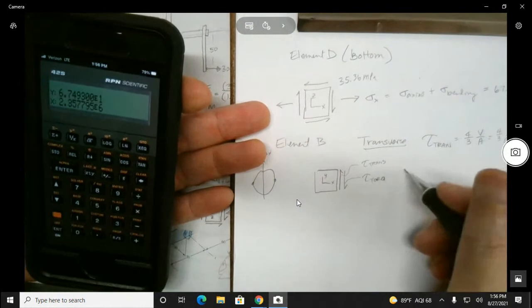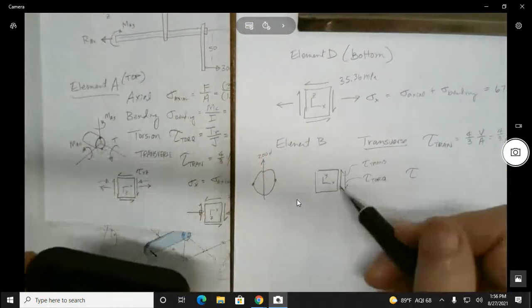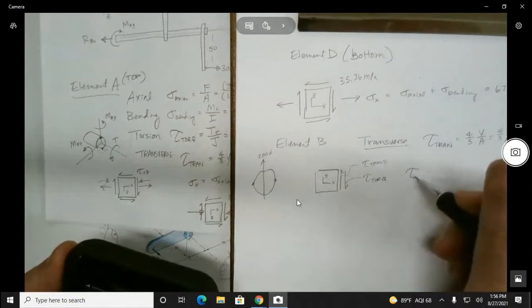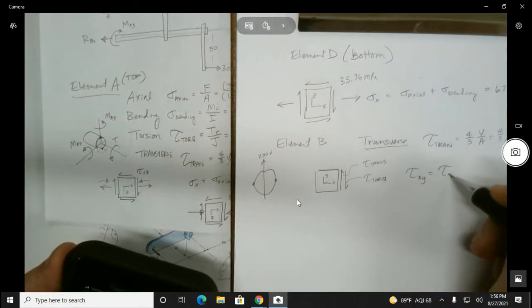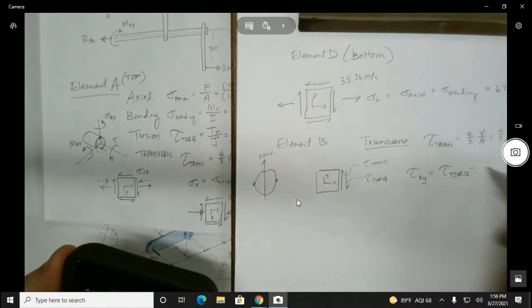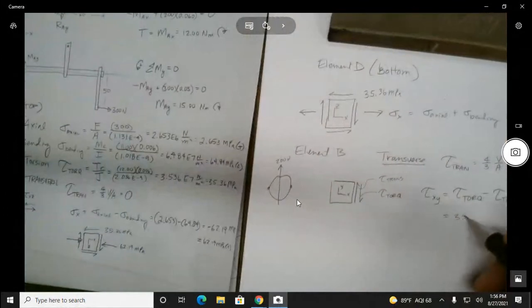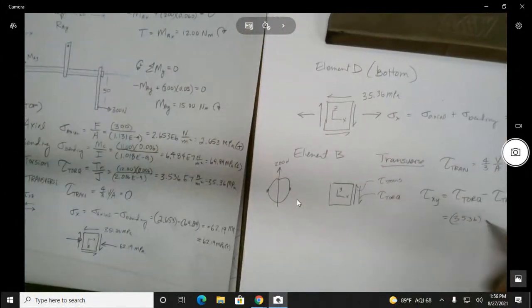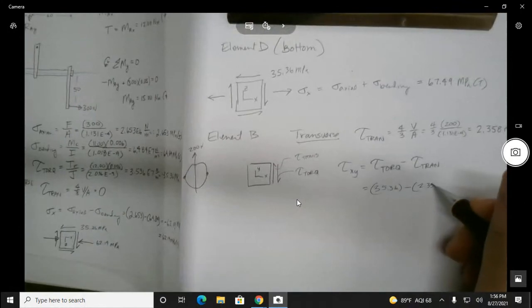So what we end up finding here is the tau, and this would be the tau in the XY plane. It's going to be tau torque minus tau trans. And so the torsional shear was 35.36 minus what we just calculated of 2.358.